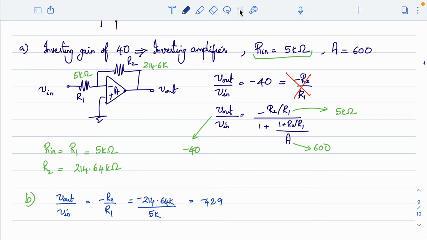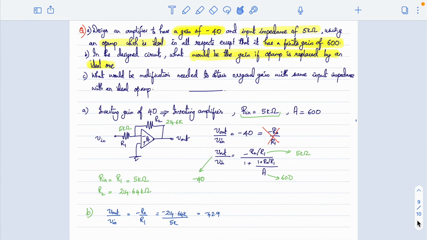Now look at the third part of the question. What is the third part saying? The third part says, what would be the modification needed to obtain the original gain with the same input impedance with an ideal op-amp. So what modification should I do with the circuit to obtain the original gain with the same input impedance with an ideal op-amp?